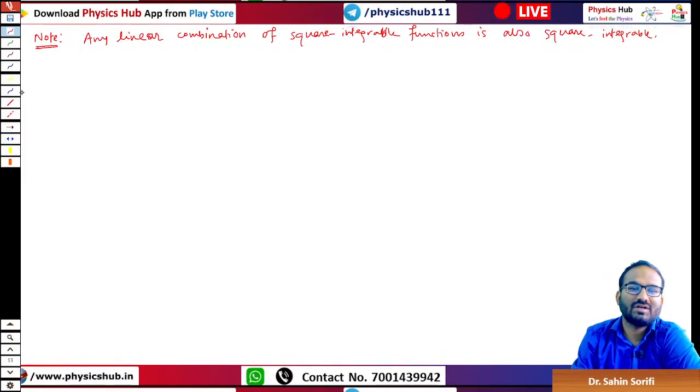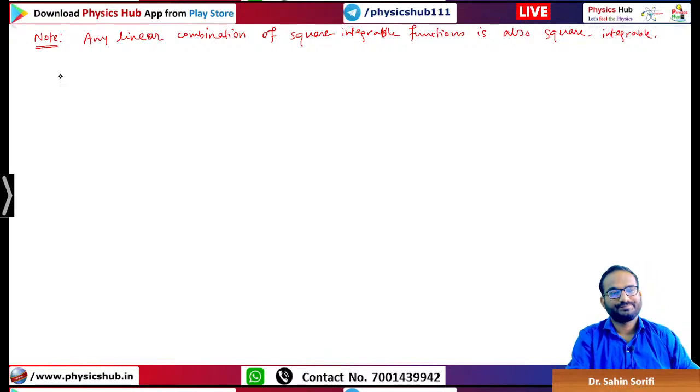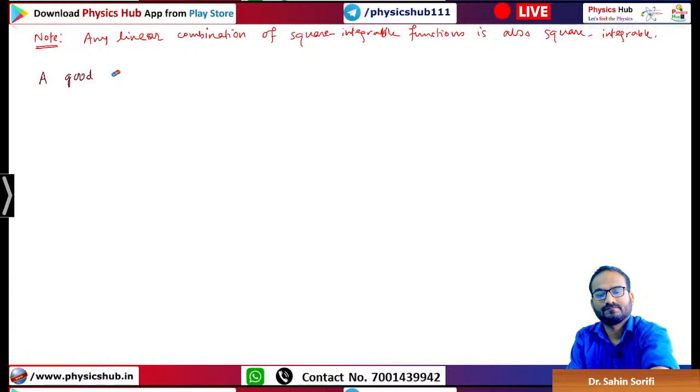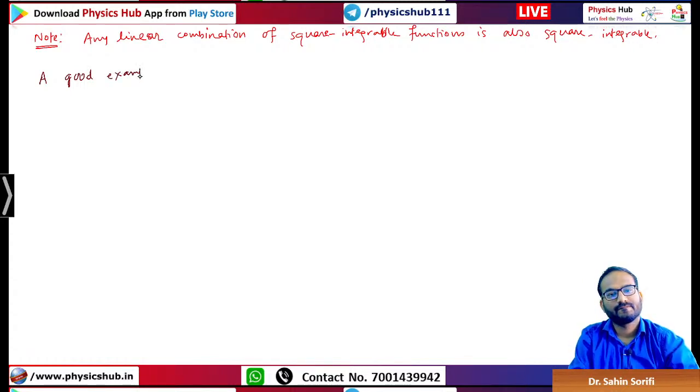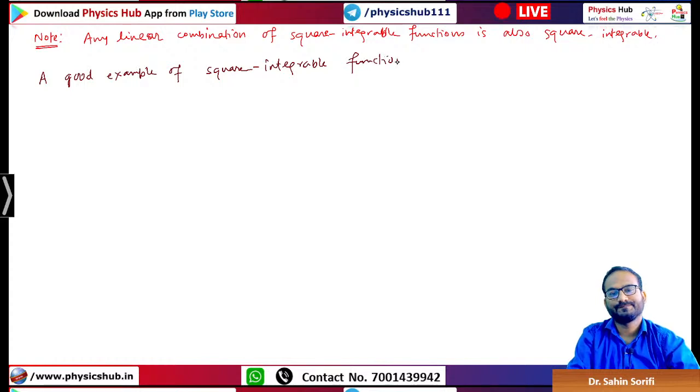If the wave function is not square integrable, then it is not an allowed wave function.